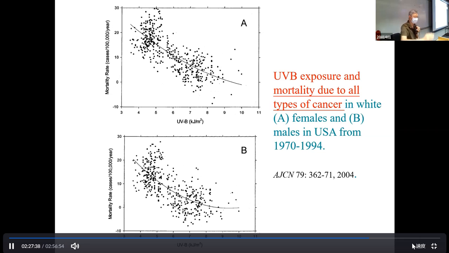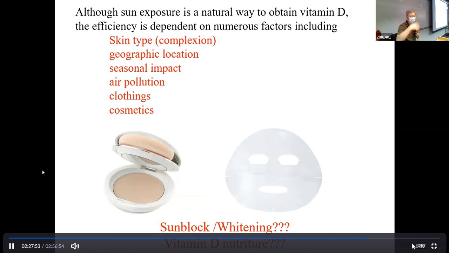Okay? Remember, not skin cancer alone, okay? Total, all sorts of cancer, okay? And this is a fairly well-established relationship. So the argument is, well, many of you use sunscreen, want to get white, okay, not dark. Is it good for you?